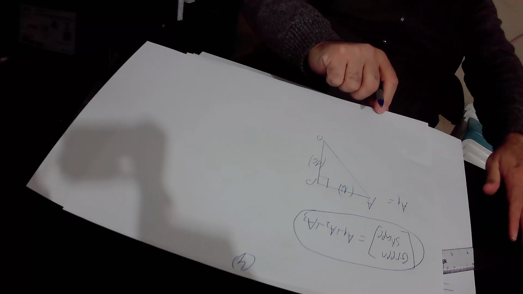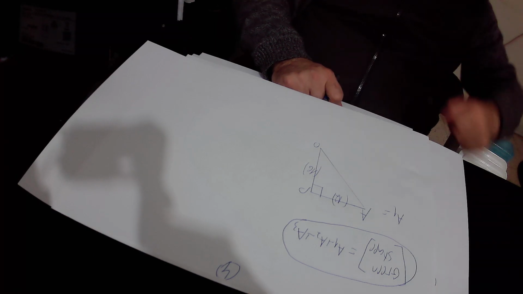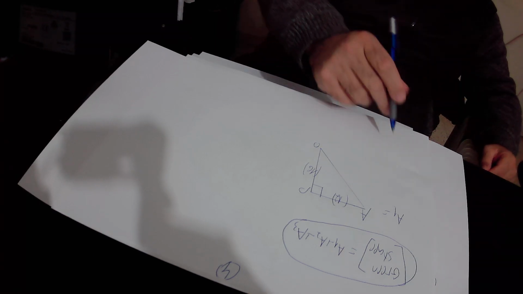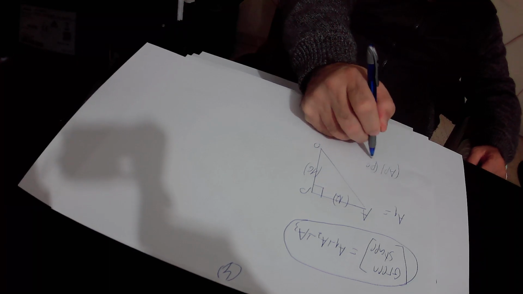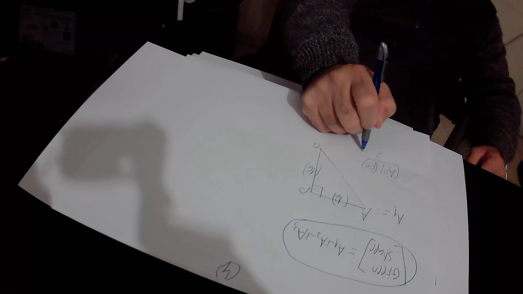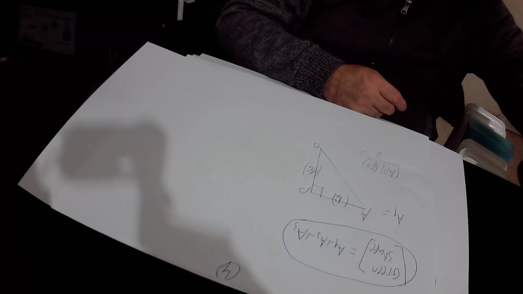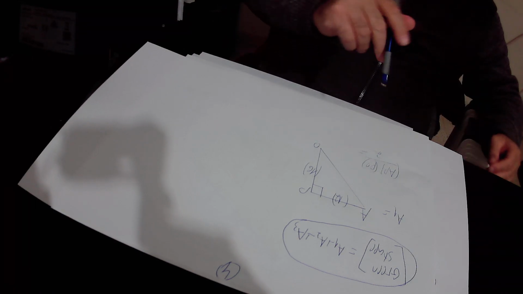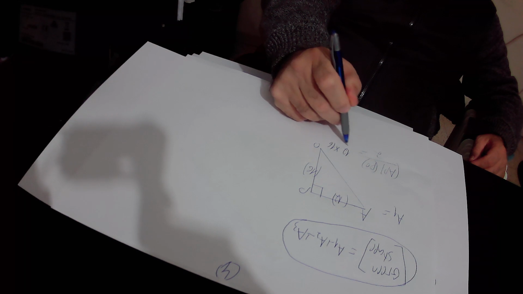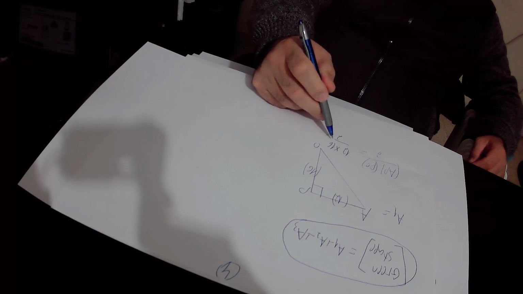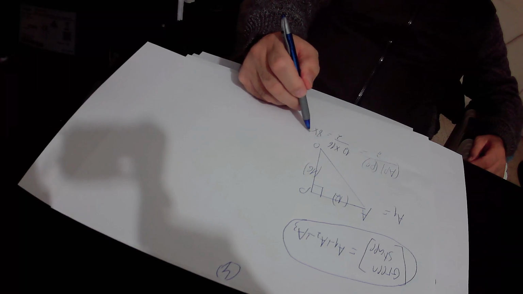So, again, A1 is the area of this right triangle APO. The area of this right triangle APO must be equal to AP times PO over 2. AP is 12 times PO, which is 16, over 2. 16 over 2 is 8, so in total this expression equals 8 times 12.